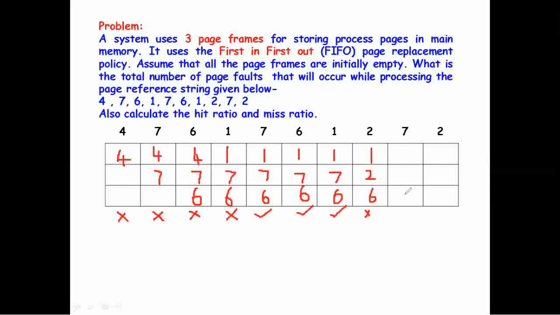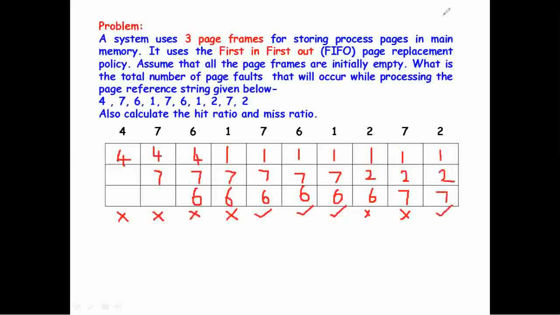So a page fault will occur. Now 7 has to be brought in. The oldest page that will be replaced is 6. So at the place of 6, 7 will enter. When 2 is referenced, 2 is already available. So a page fault does not occur.